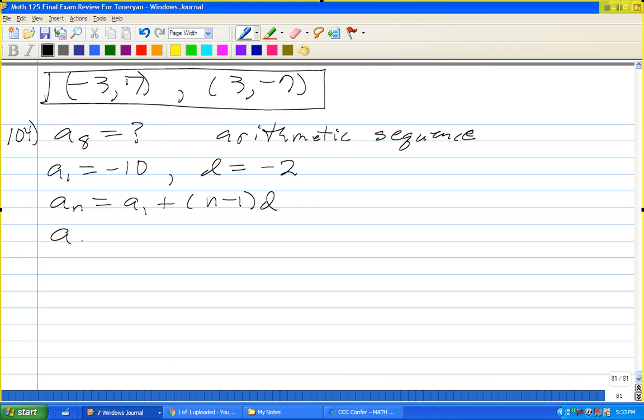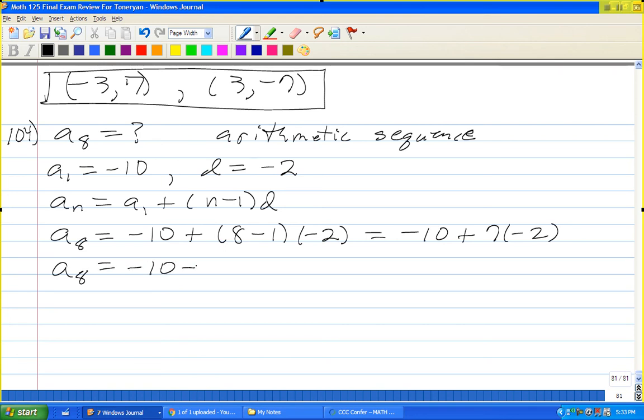Therefore, the 8th term is just a1, negative 10, plus n, 8 minus 1, d, negative 2. And so I get negative 10 plus 7 times negative 2. So negative 10 minus 14 is negative 24. So the 8th term in this sequence is negative 24.